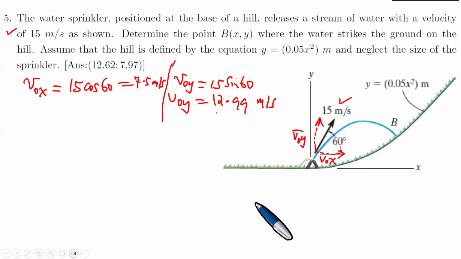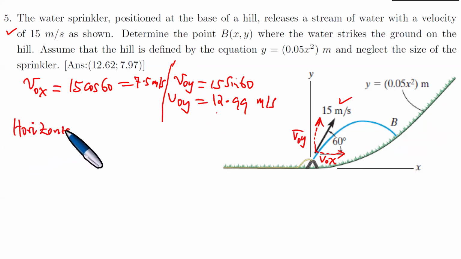Now we need to consider the fact that as the water moves, because we have the water sprinkler, there is what you call horizontal motion.